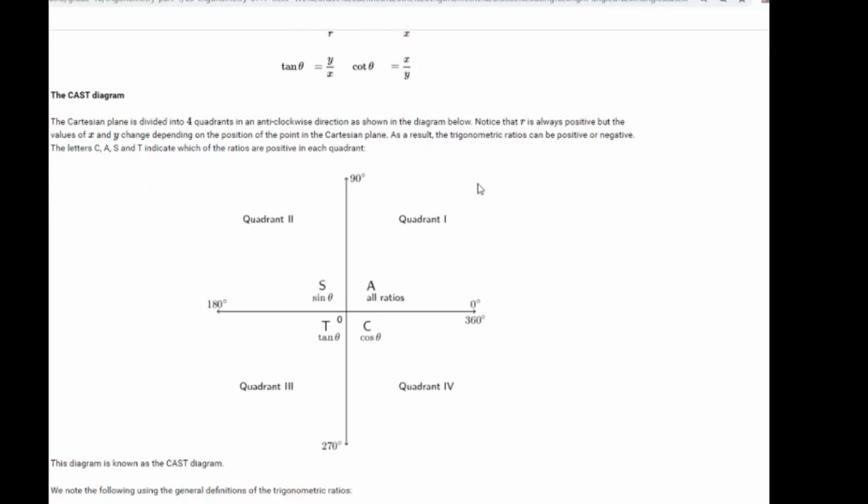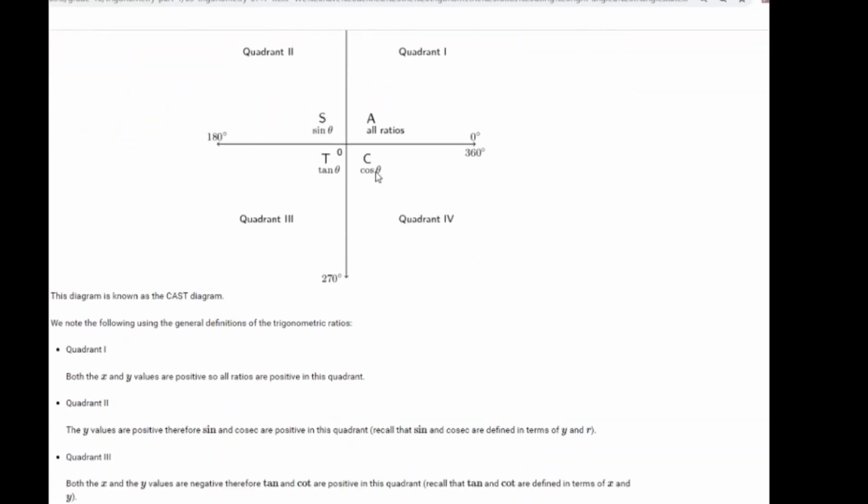As a result, the trigonometric ratios can be positive or negative. The letters C, A, S, and T indicate which of the ratios are positive in each of the quadrants.